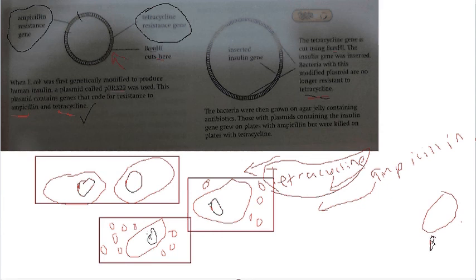So if we take a sample over here and check it, and it dies with tetracycline, then we are going to take the bacteria from that group. So we need to be careful here.